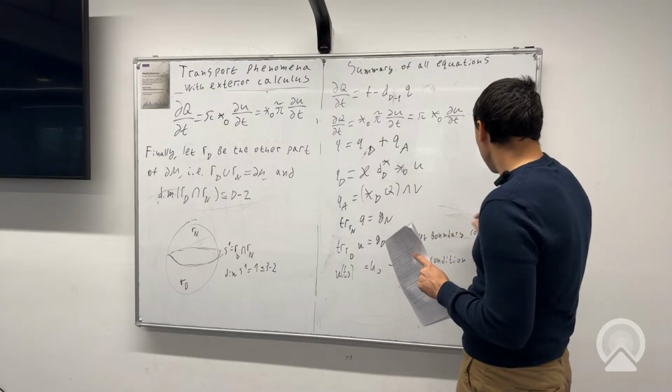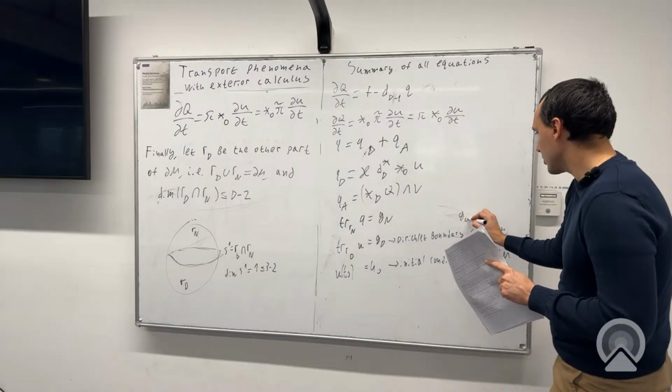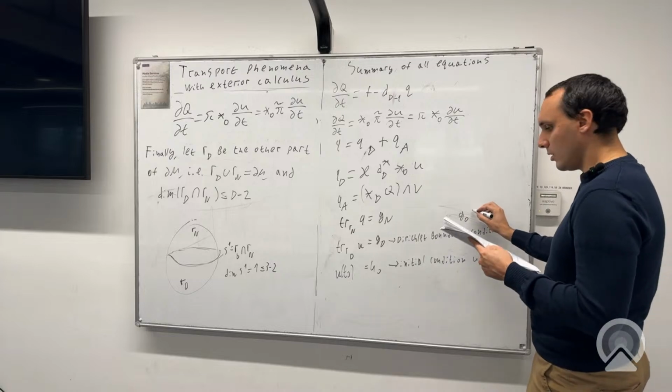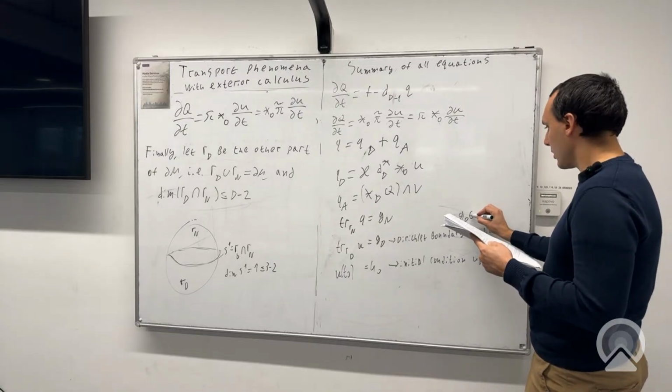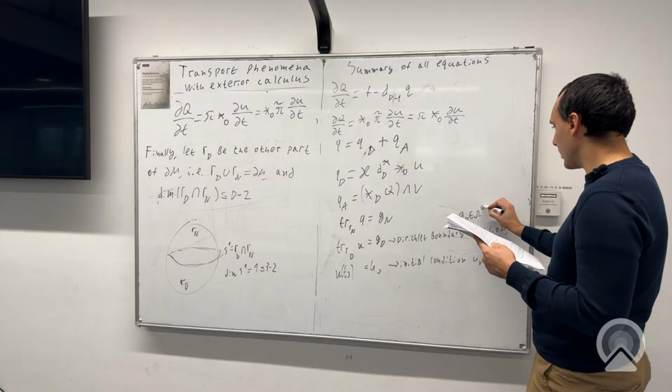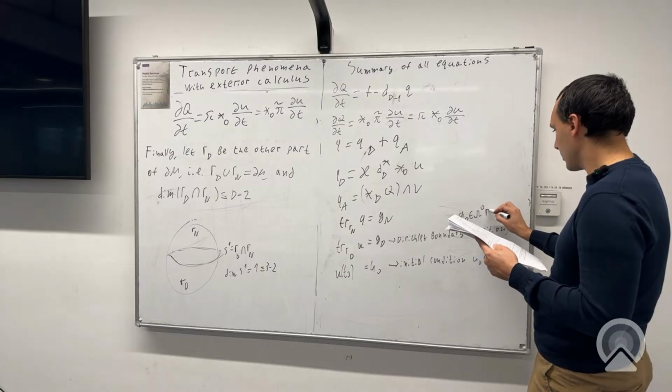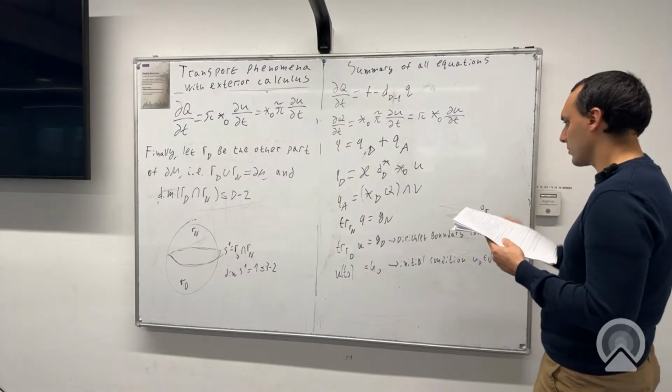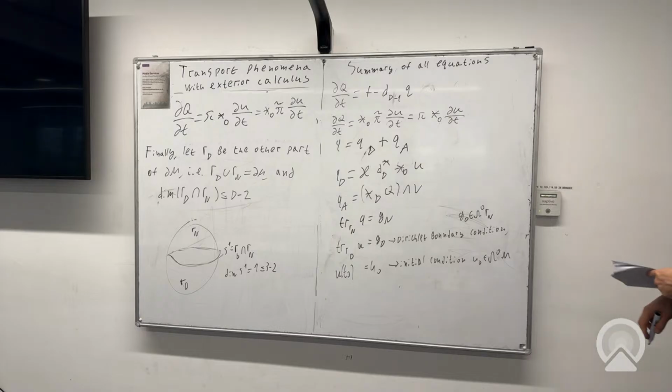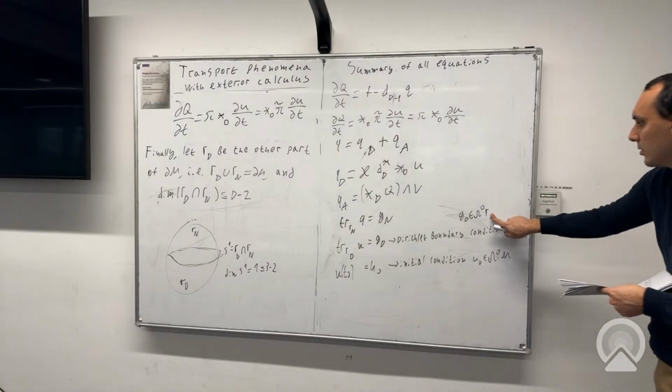Here, I don't have place, but I will write GD is a zero form on the boundary of gamma d.